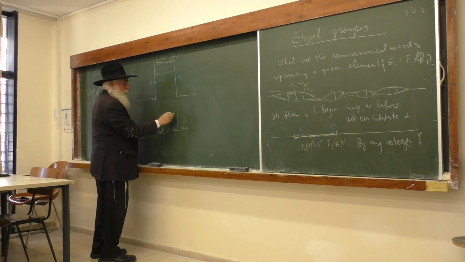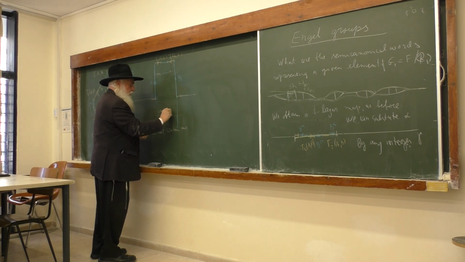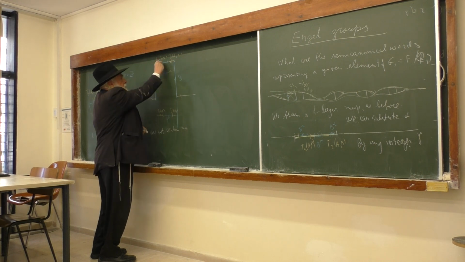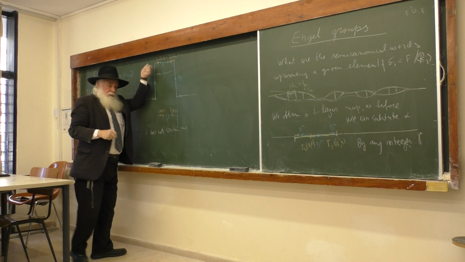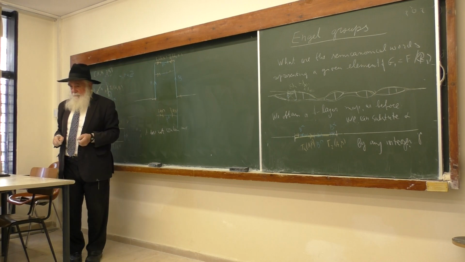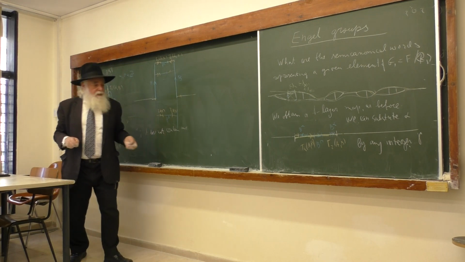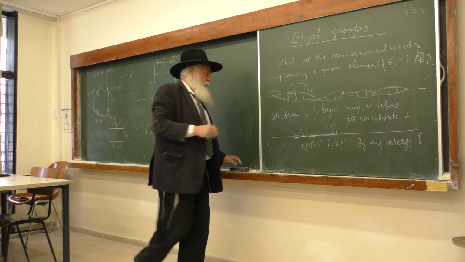I mean, the same word. T2 of AB, here it is T2 of AB, and here we have B to the power beta in all cases. But this will be variable.